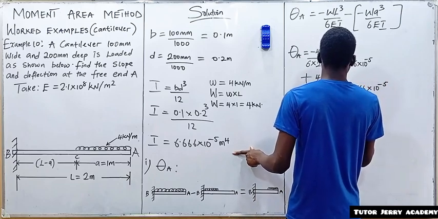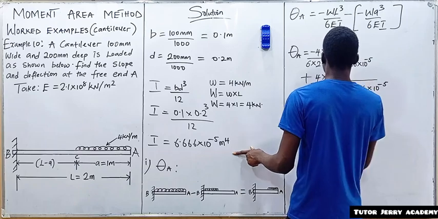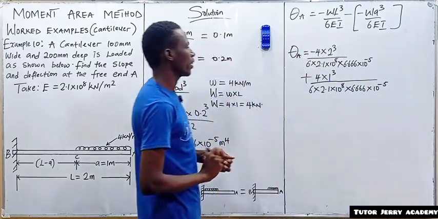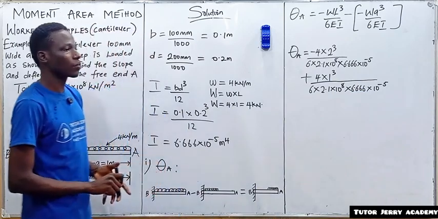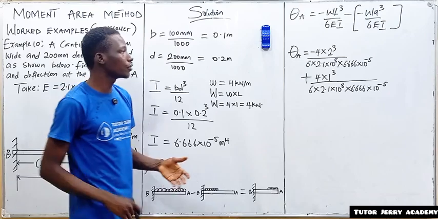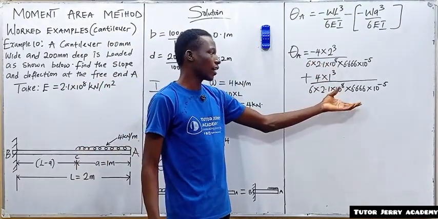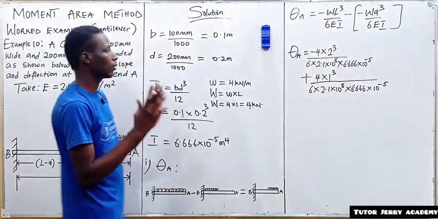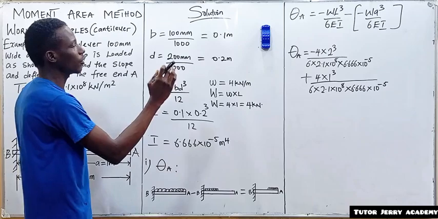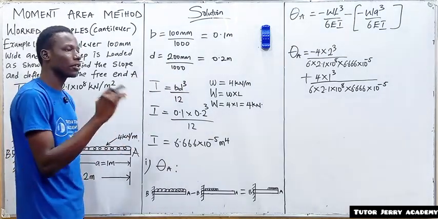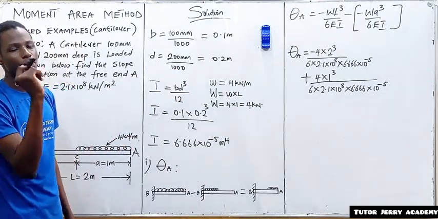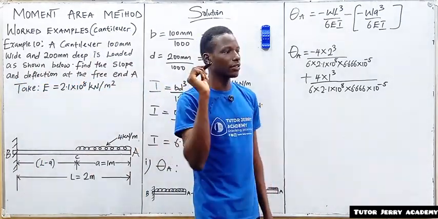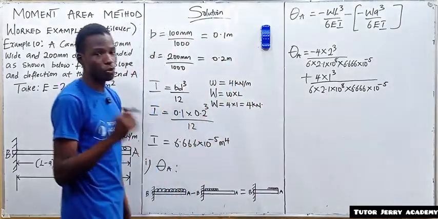So this is what we have. Now we are going to be solving this. If you solve this and add your results with what we have here, you have your slope at A to be equal to minus 0.000333, and your result will be in radian.